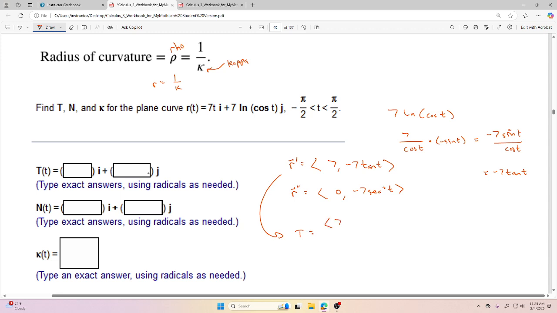So then I have 7 and negative 7 tangent t all over the square root of 7 squared plus 7 squared tangent squared. I don't really care what the top looks like, but I want to know what the bottom is. Notice that they both have a 7 squared, so I could factor that out and pull it out. 7 square root of 1 plus tangent squared t.